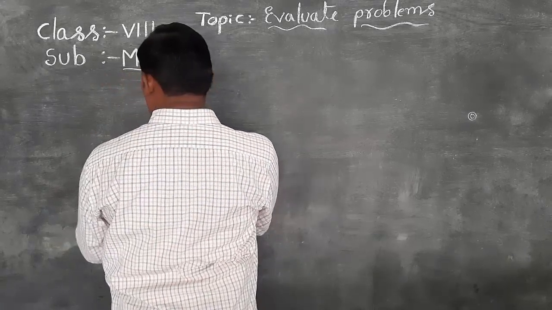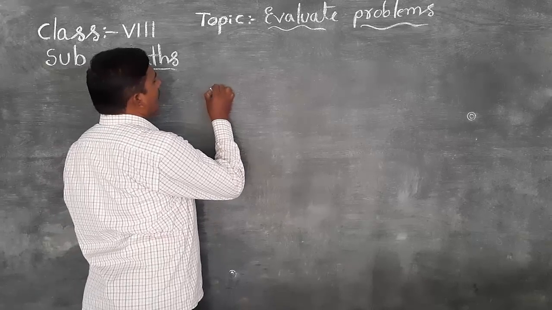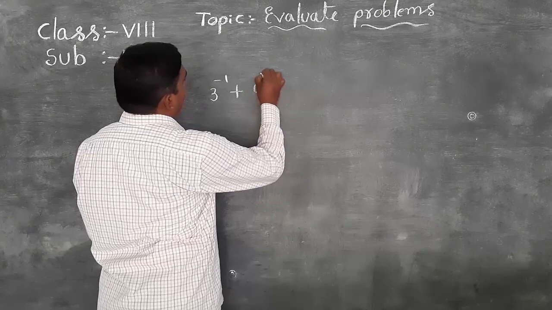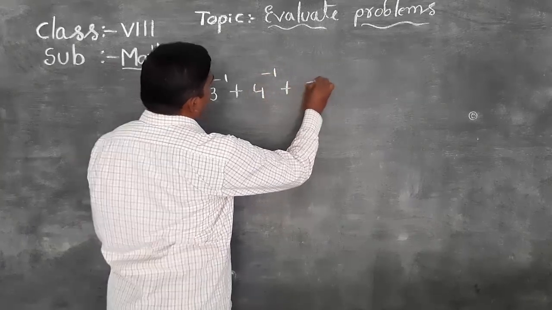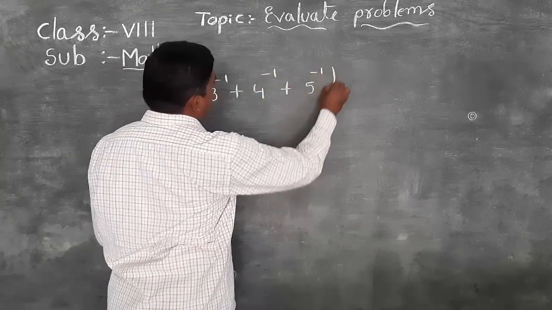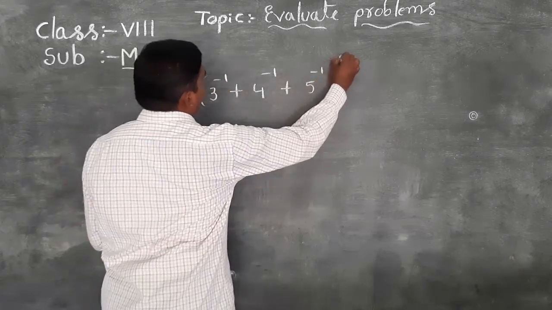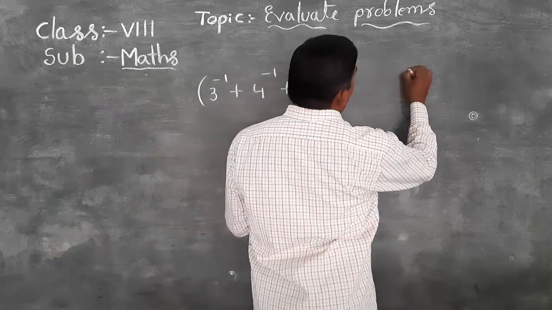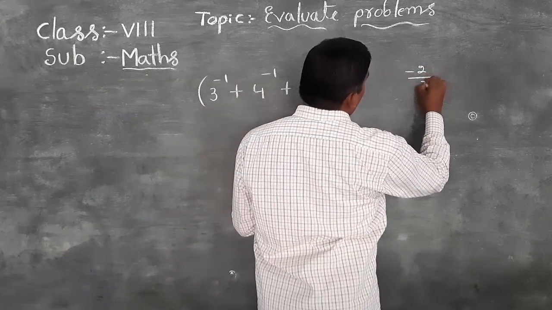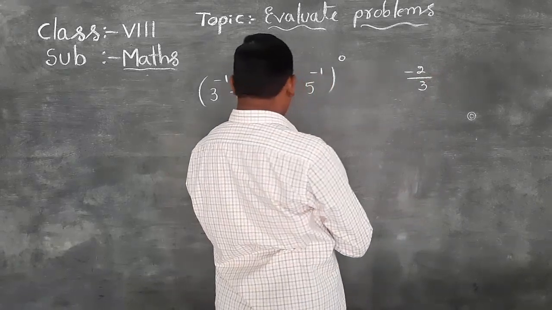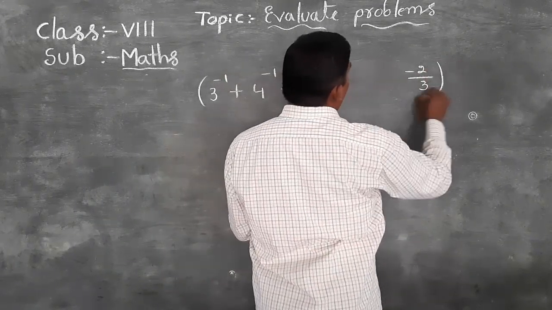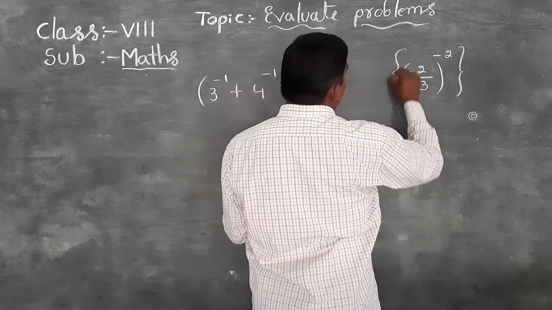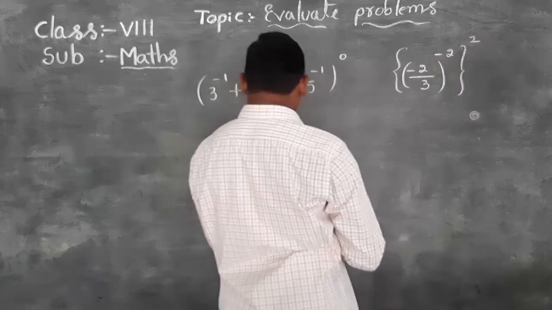Three inverse plus 4 inverse plus 5 inverse, whole power 0. Power 0. This is one problem. One more problem: (minus 2 by 3) power minus 2, whole square. Okay, next we will do that problem.